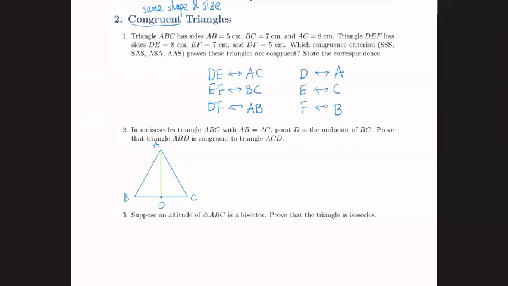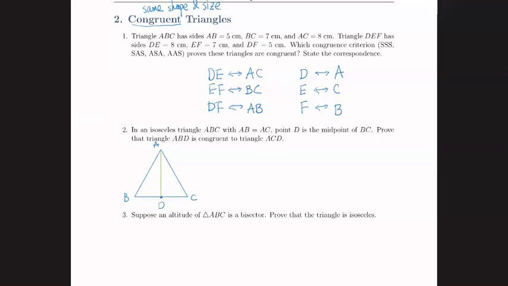Okay, whose turn? Eric. An idea why these two triangles are congruent? What theorem do you apply? Side angle side.